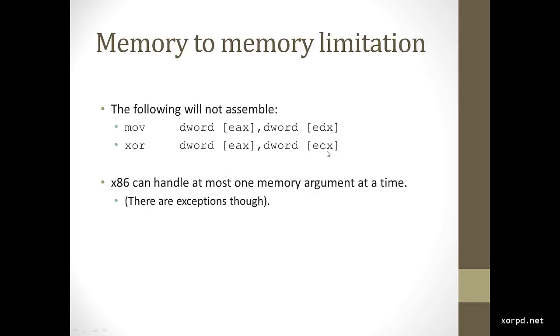Here we try to read from this location, ECX, and then read and finally write to this location, EAX. And this is not possible. Generally, if you try to do this, your program will not assemble. The assembler will complain that this kind of instruction is not possible to encode.